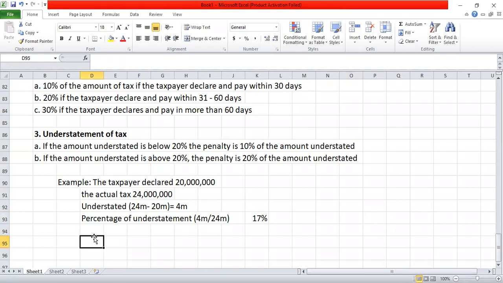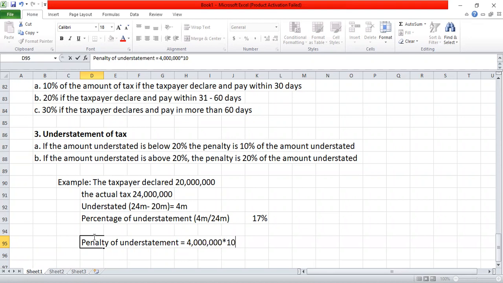So the penalty of understatement will be the amount understated, which is 4 million, times the penalty, which is going to be 10%.